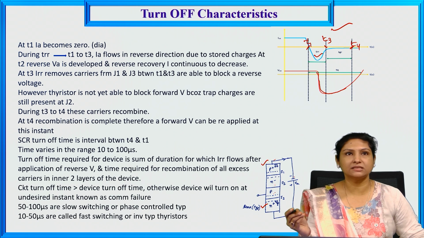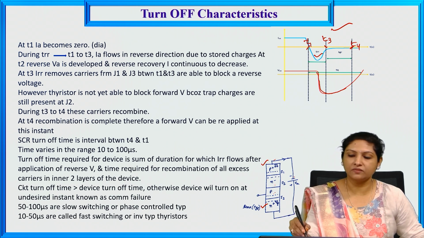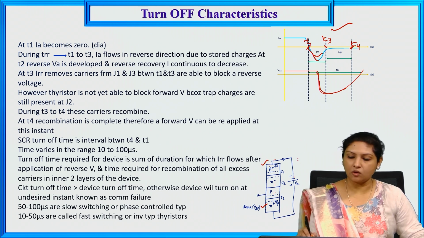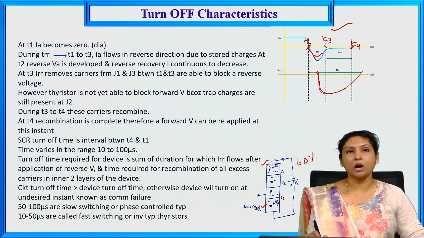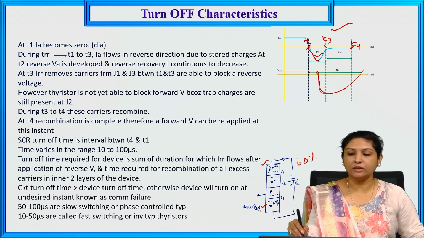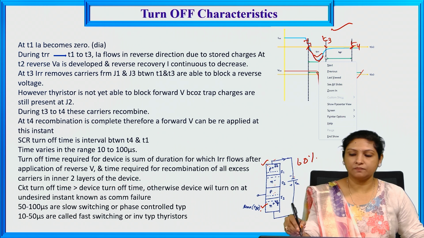At this instant, reverse current is increased, and almost 60% of the trapped charge carriers from the outer P layer and outer N layer will be removed, and later the current will be getting reduced.